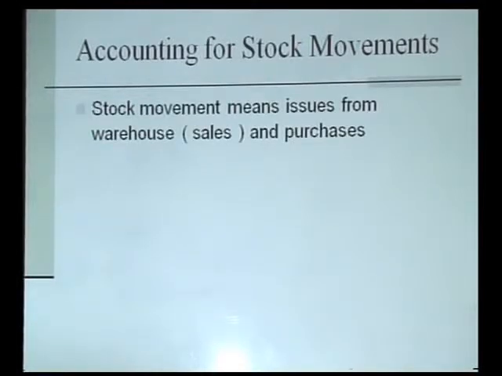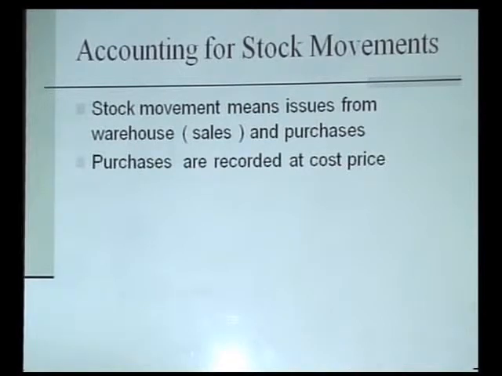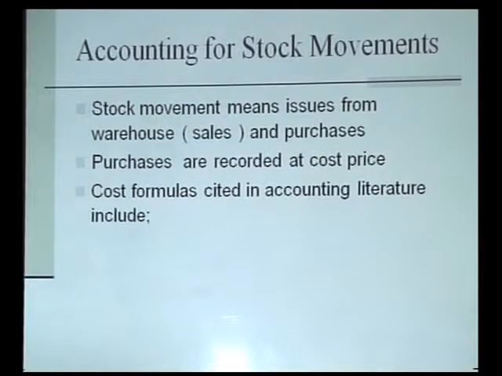The accounting for stock movements, this is the most important thing that we are going to learn. Stock movement means issues from the warehouse and also purchases from the suppliers. Purchases are recorded at cost price, and for that purpose we use cost formulas.